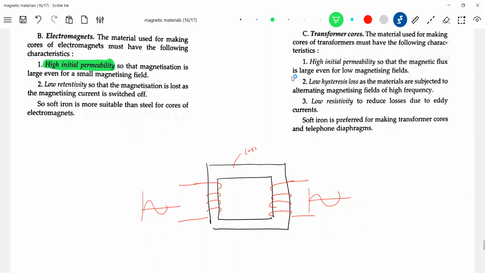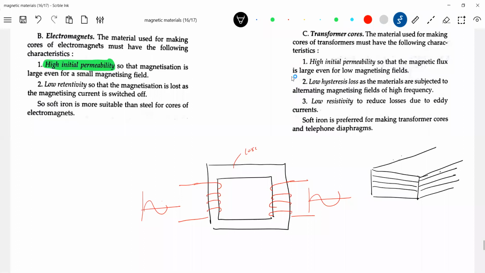Okay, now the last one, the transformer core. If you remember, there will be eddy currents, so we use a laminated core. Here we don't permit the eddy currents to complete the loop.